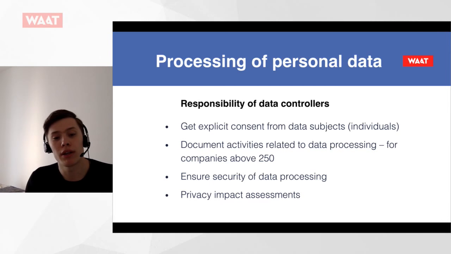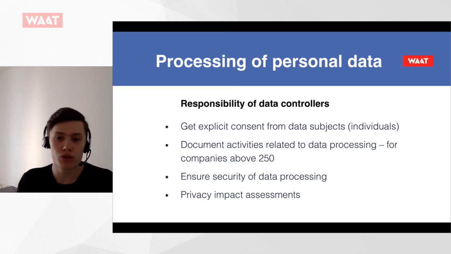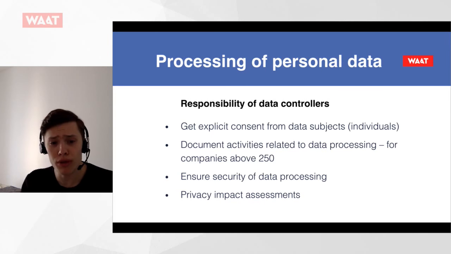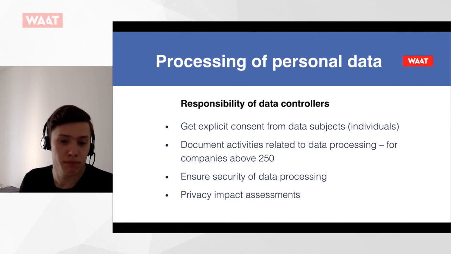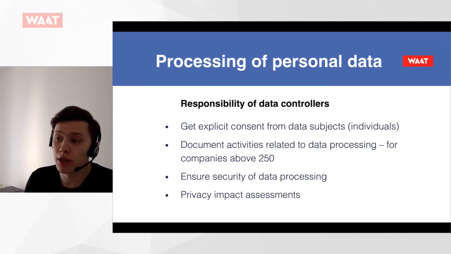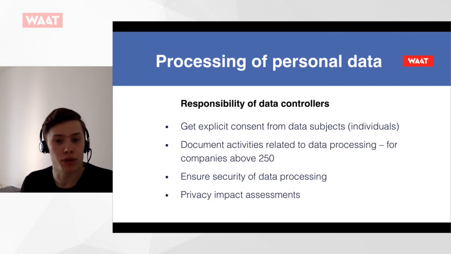It is also important that companies above 250 people should, or maybe even have to, document all the activities related to data processing, meaning how user data is handled by third parties, and how it's handled by you as a company. You also need to make sure that all the data processing activities by you and a third party are secure.